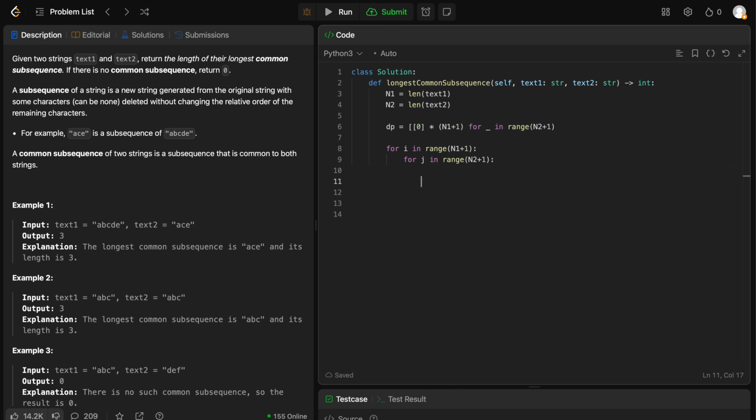So what do we do if we match? But we are not going from the 0th position, we're going from the end. So it's from n1. We don't care about the last one. Or actually n1 minus 1, minus 1, minus 1.